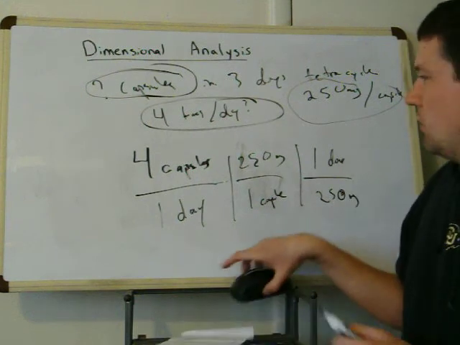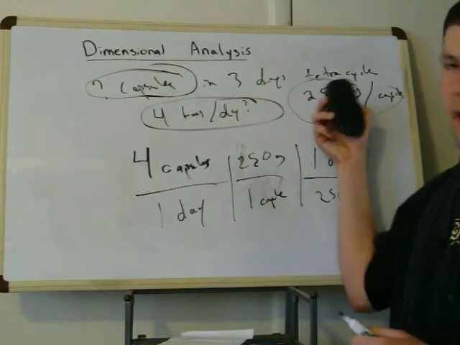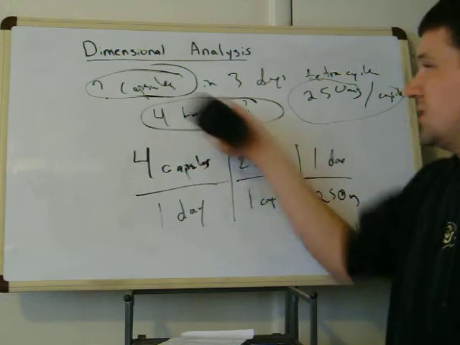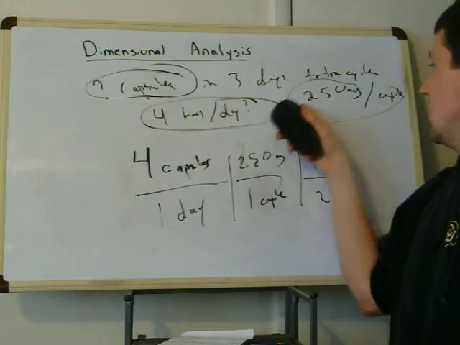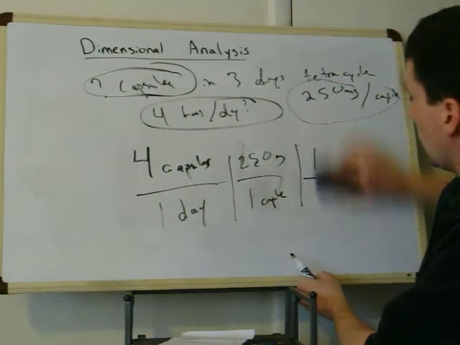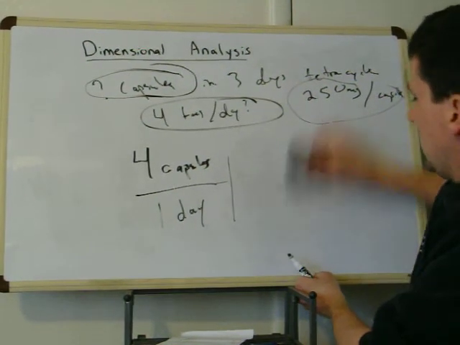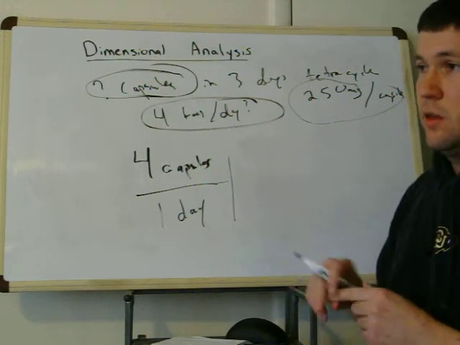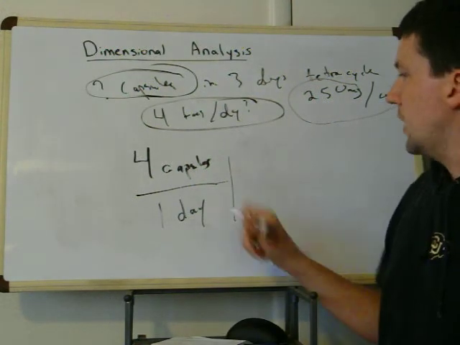I'm just going to leave it out for simplicity, but it's not asking for the number of milligrams, it's just asking for the number of capsules. Just the fact that they gave it to you, it's just for fun. So you don't have to worry about that. Again, if you put it in there, you'll get the right answer, but you'll just add an extra step.